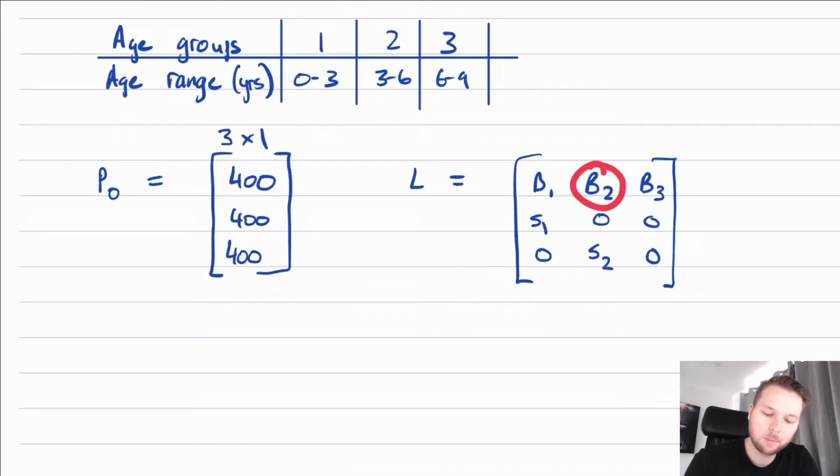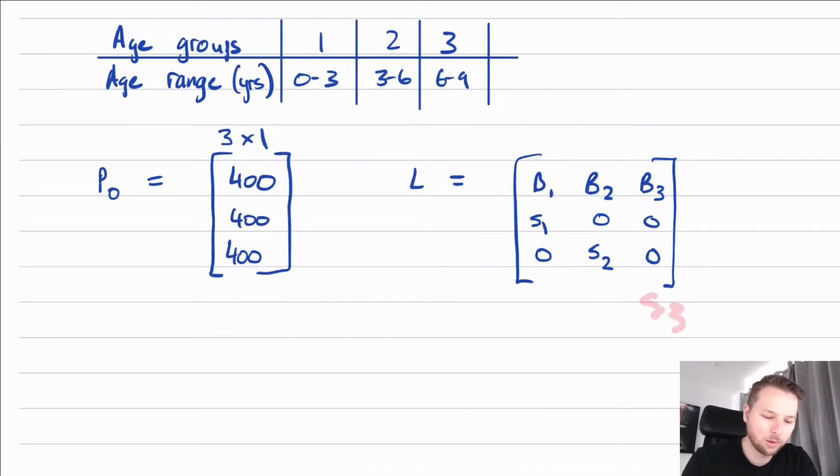This B2 would be the birth rate for this section of animals or people, and then this birth rate is for this one. This survival rate here relates to how many of these 0 to 3 year old creatures live past that age range. And this survival rate 2 is how many of these live and move on to the next one. Okay, we don't have an S3.